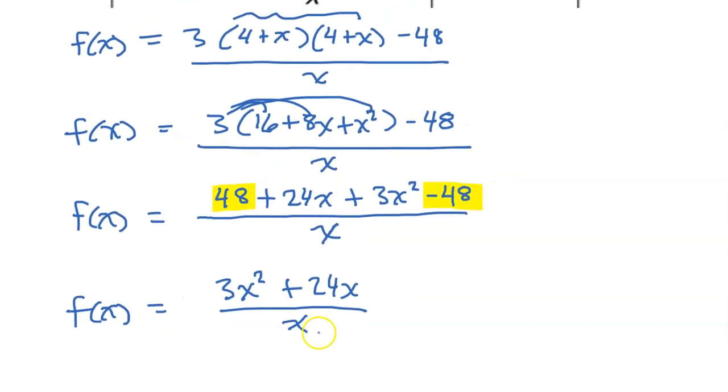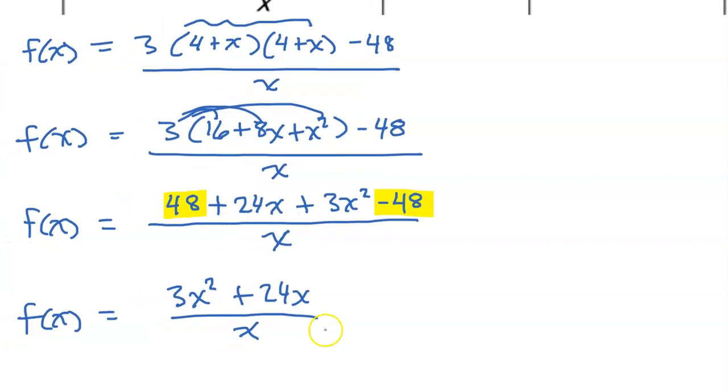All right, well, here comes the answer to my question. Because in the numerator, there's a common factor. The greatest common factor is 3x, actually. So if I factor out a 3x, that's going to leave behind x plus 8.